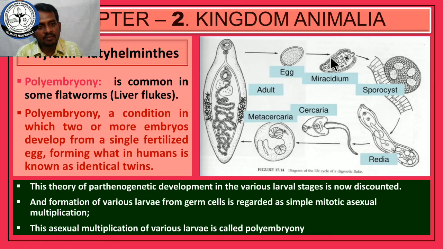This asexual multiplication of various larvae is called polyembryony. Polyembryony has a general definition, but in the case of Platyhelminthes, this is the exact definition for polyembryony.